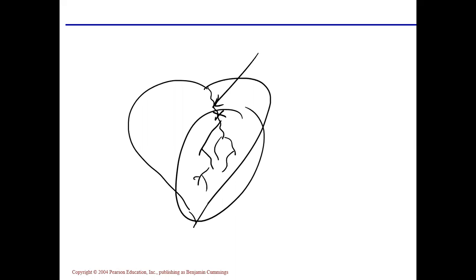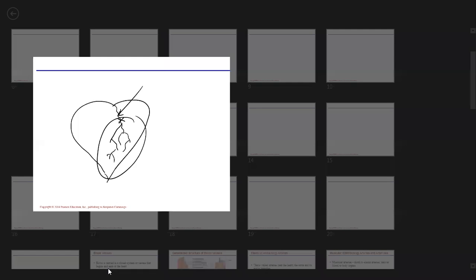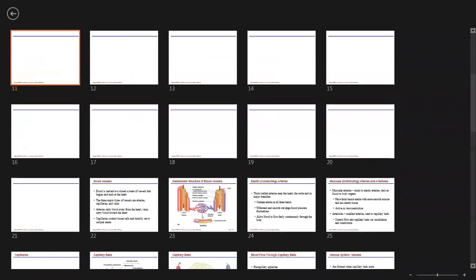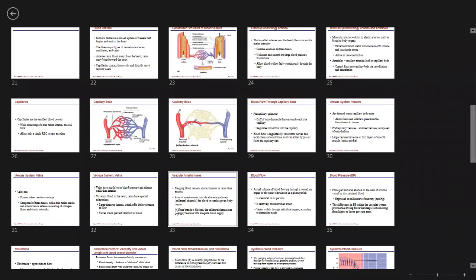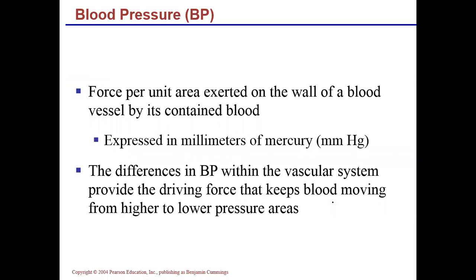All right, so we could go ahead and talk a little bit about the pressure now. And the pressure is particularly important. Blood pressure is the force per unit area exerted on the wall of blood vessels containing the blood. We usually use millimeters of mercury, or Hg.